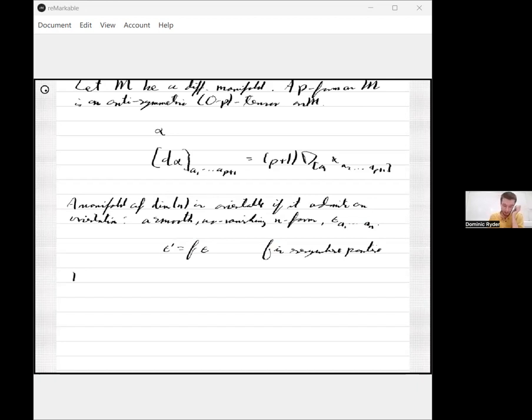An orientation is right-handed in a coordinate chart if it's everywhere positive in that chart, and left-handed if it's negative.